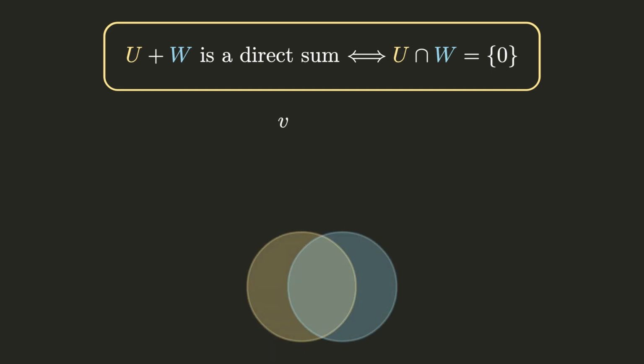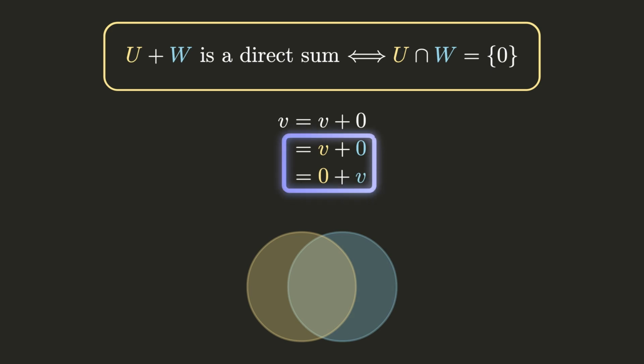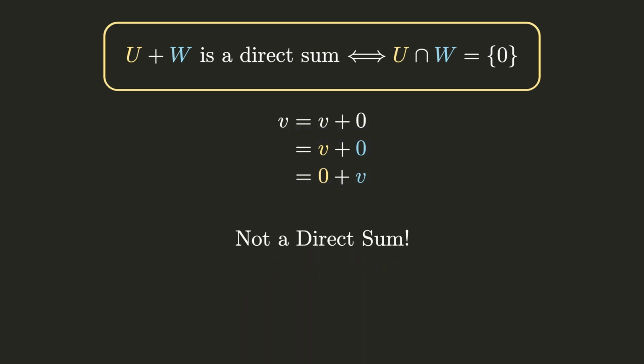Then v can be written as v plus 0, which can be seen as taking v from U and 0 from W. And it can also be seen as taking 0 from U and v from W, giving us two ways to write v as a sum. So it's easy to see if the intersection has a non-zero vector, then you'll have two ways to write it as a sum, making it not a direct sum.